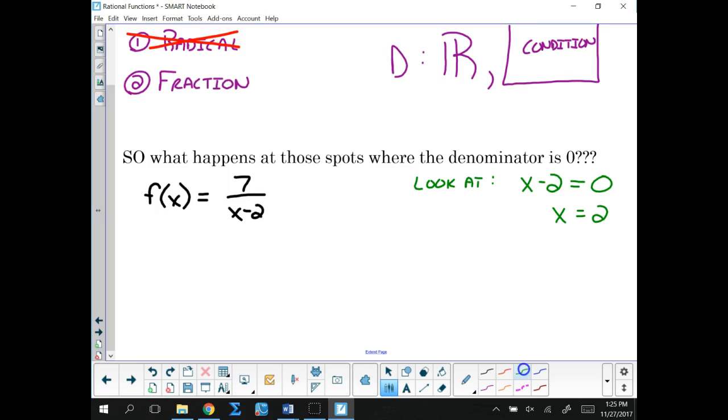So what then is my domain? All real numbers is how it starts. But x cannot equal 2.